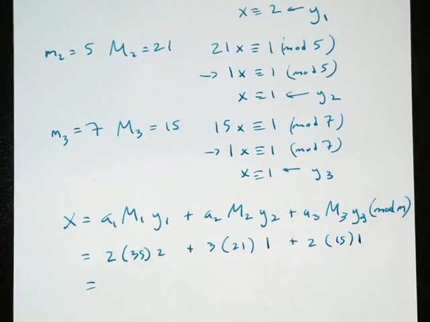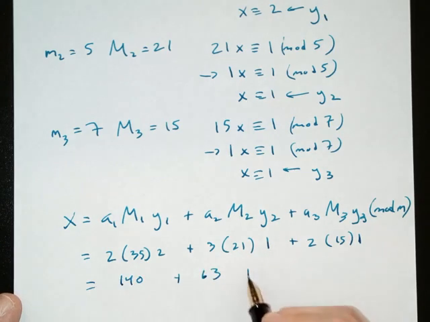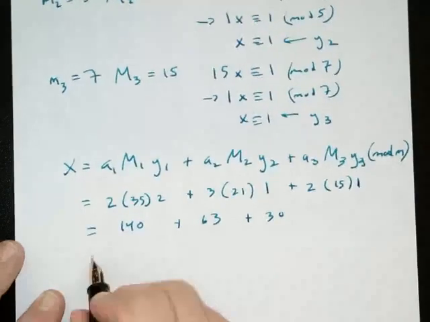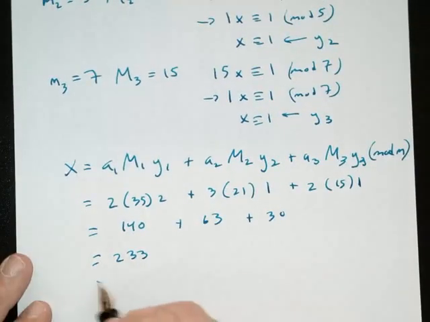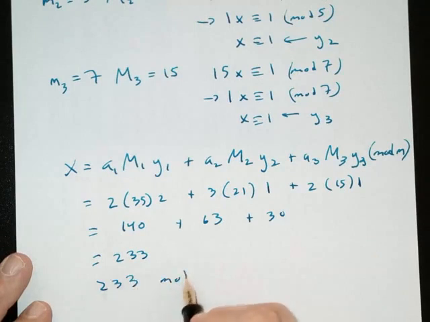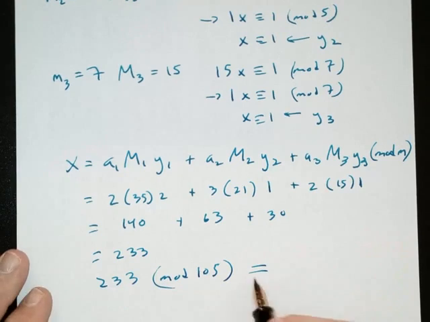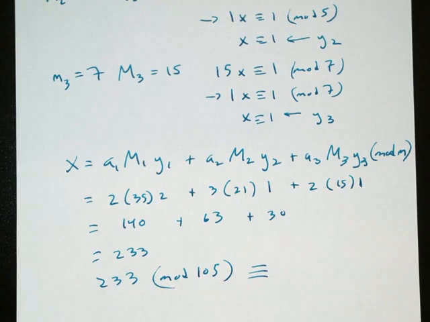2 times 35 times 2, 140. Plus 3 times 21 times 1, plus 2 times 15 times 1. Take that number and go mod 105.